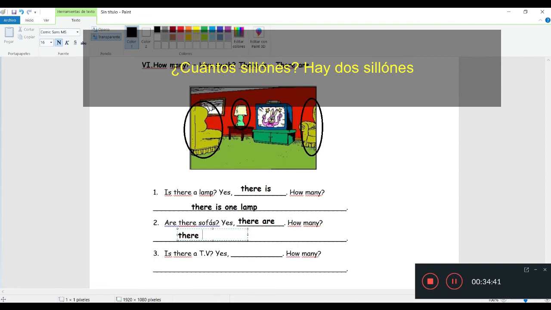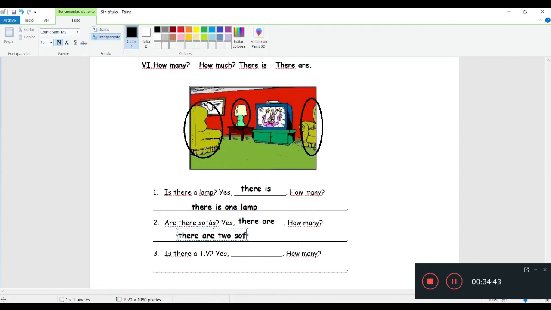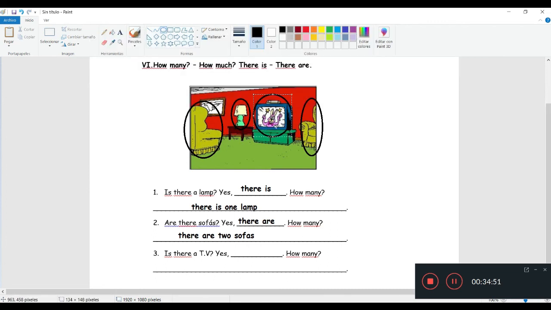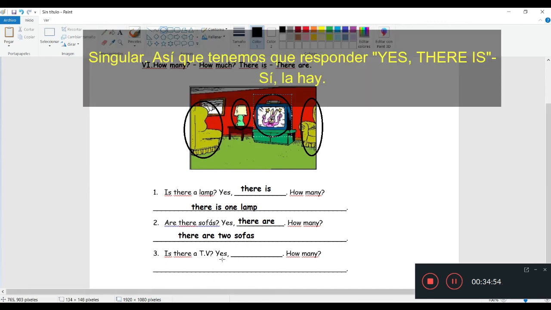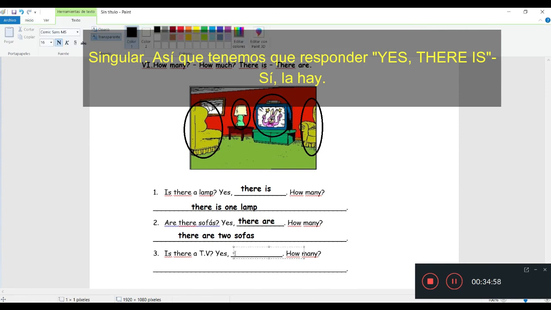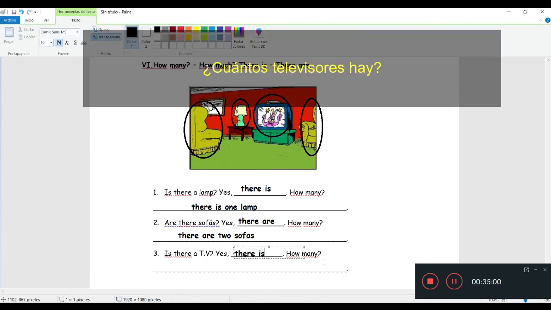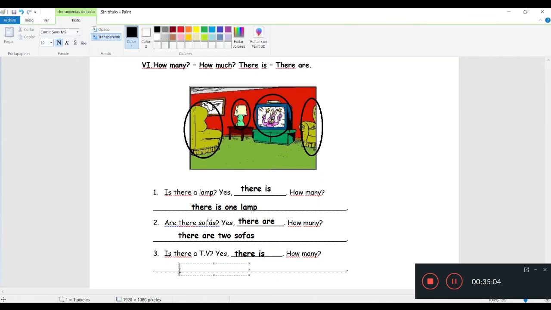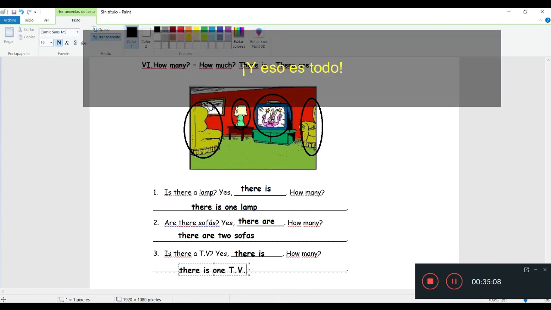There are two sofas. Is there a TV? Yes, there is. Is it singular or plural? Singular. So we have to answer yes, there is. How many TVs? There is one TV. And that's it.